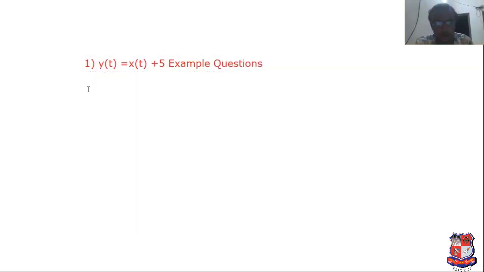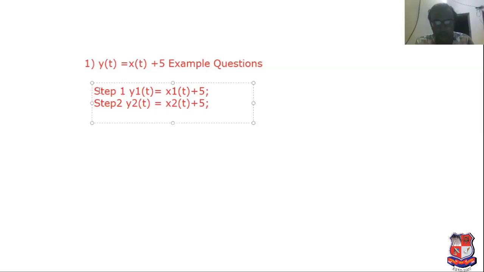Now, step 1, apply input 1 to the system. So y1 of t equals x1 of t plus 5. This is the first equation. Step 2, y2 of t equals x2 of t plus 5. This is the second input applied to the system.